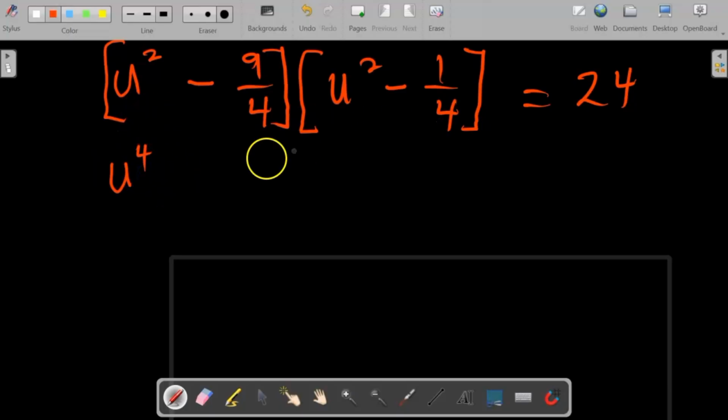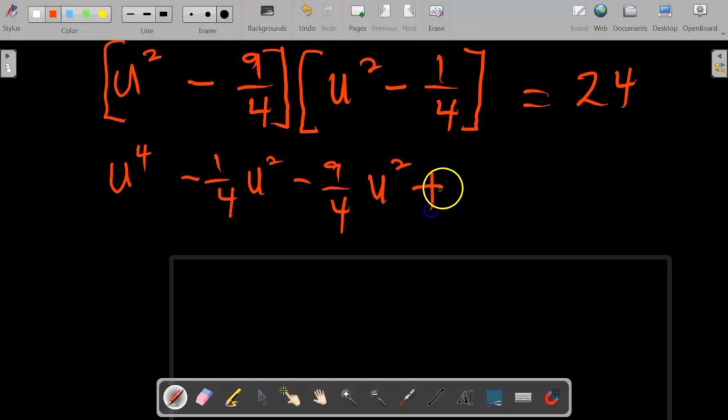U squared times minus 1/4, minus 9/4 times u squared, and then minus 9/4 times minus 1/4, we have plus 9/16.